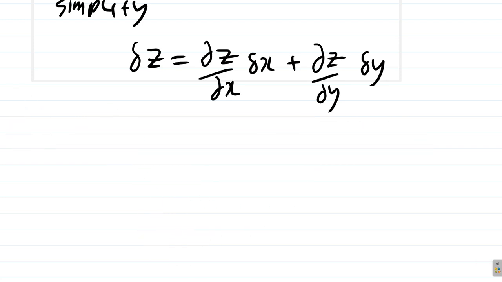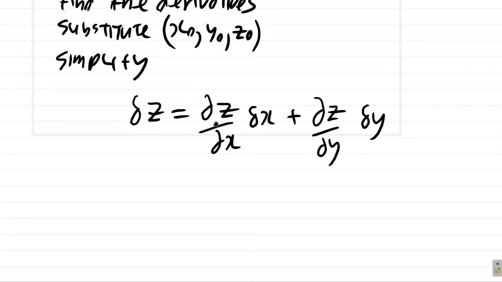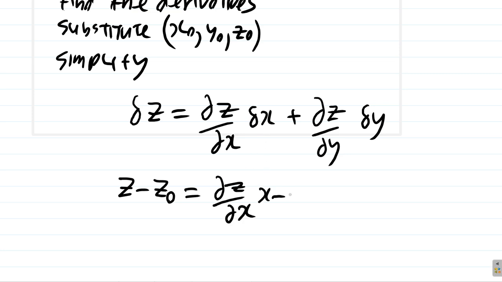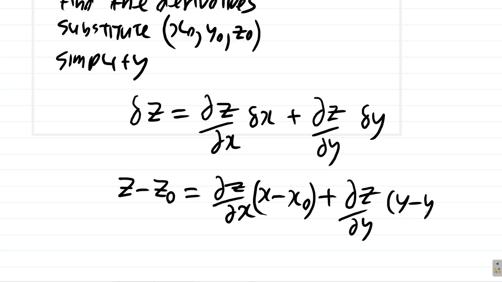Now, from this basic equation, what is the change in z? Well, it's z minus another z, two z's, and you subtract them. So you have a change in z is equal to delta z by delta x times the change in x, which is x minus x naught, plus delta z by delta y times the change in y, which is y minus y naught.